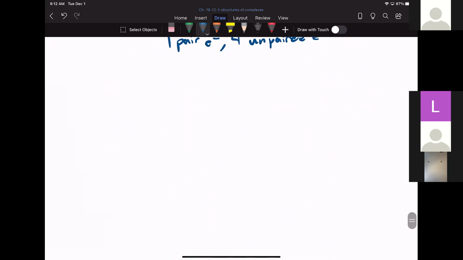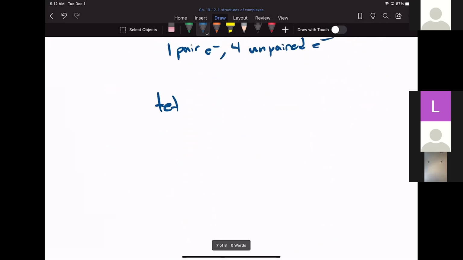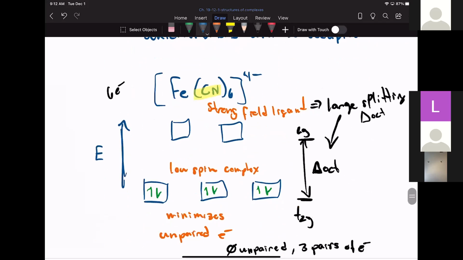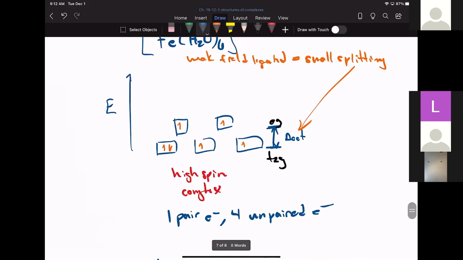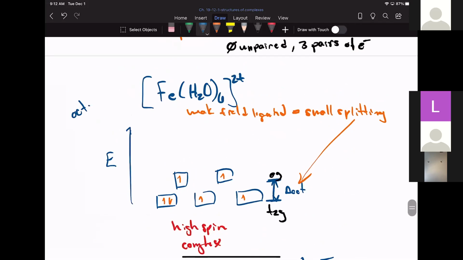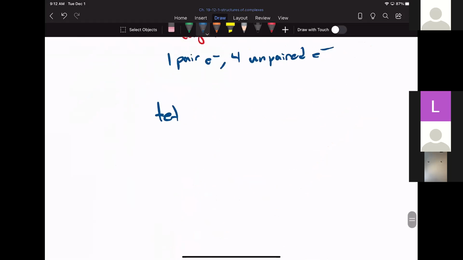Tetrahedral has a different shape to the orbitals. So we're talking about a tetrahedral. Let me label this up here. We should label this octahedral. And this is going to be a tetrahedral, which looks like this.